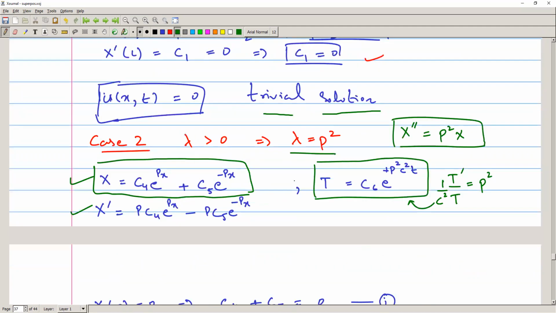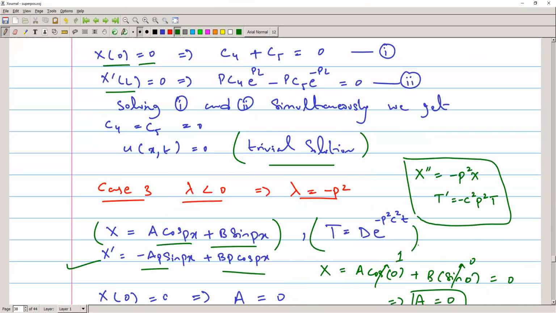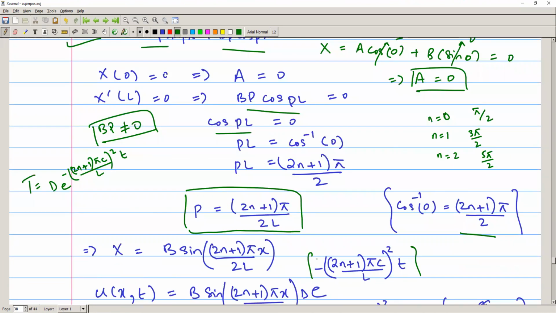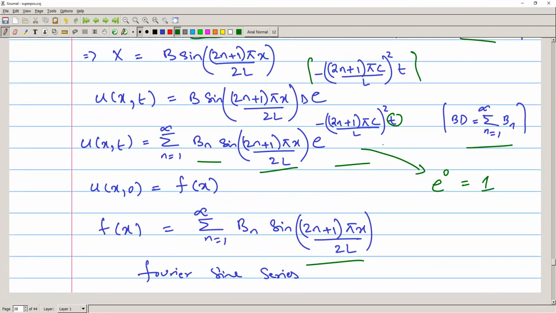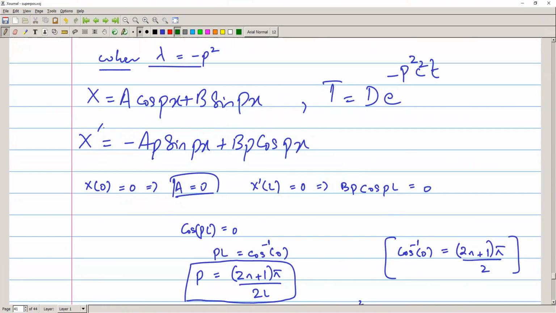And again, for lambda greater than 0, it was a trivial solution. So we only got the solution for lambda less than 0. That was this general solution, right? So we can directly write here that this is the general solution to save our time.